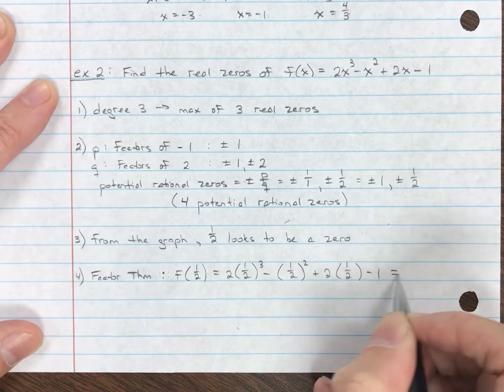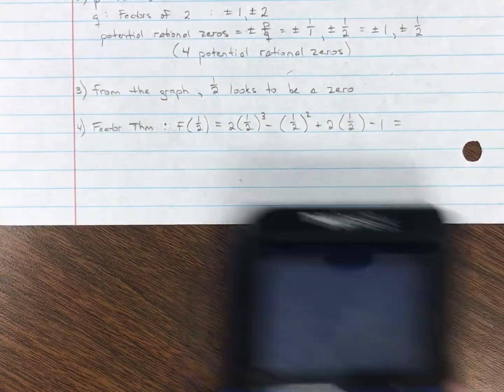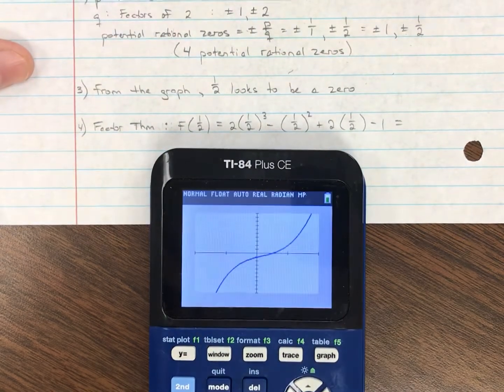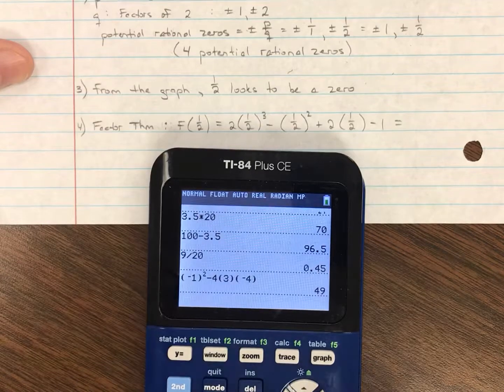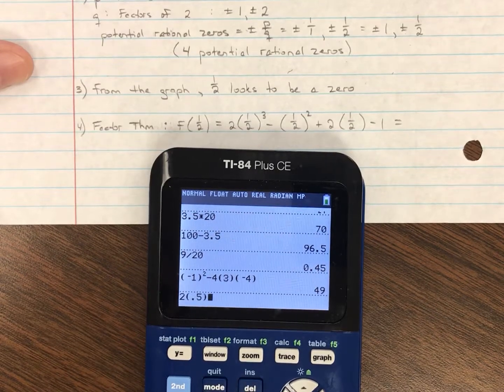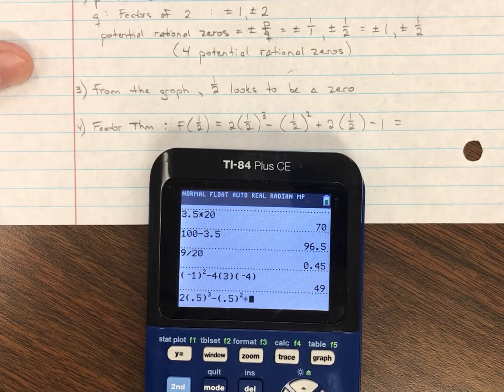Then I'm going to pull out my calculator. I haven't done this yet, which is why I'm doing this. So 2 times 0.5 cubed, minus 0.5 squared, plus 2 times 0.5, minus 1.